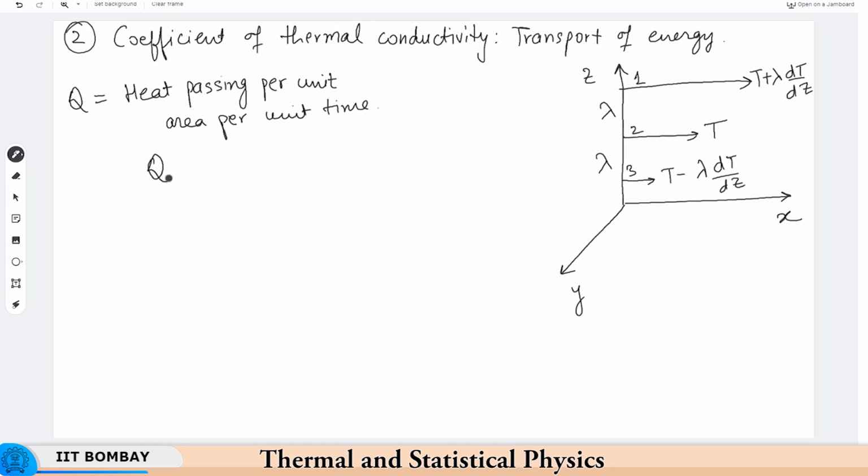Again we can imagine that this Q has to be proportional to the magnitude of the temperature gradient, and this will be minus dT by dz.